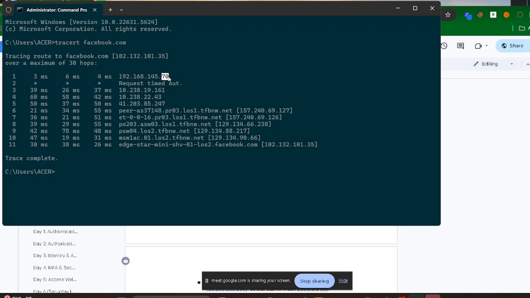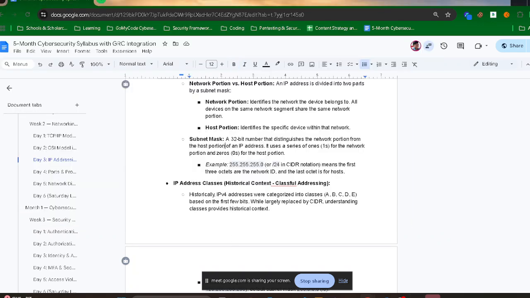It's that zero part that will be changing. Do you understand? So these 255 are the parts that are represented by ones, and this one is represented by zeros.